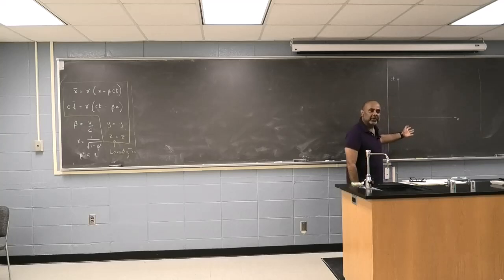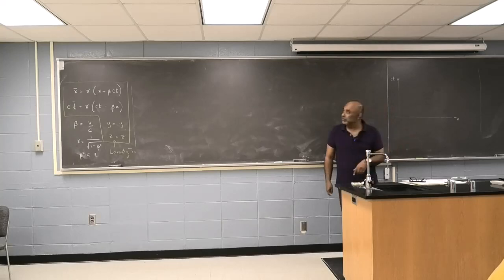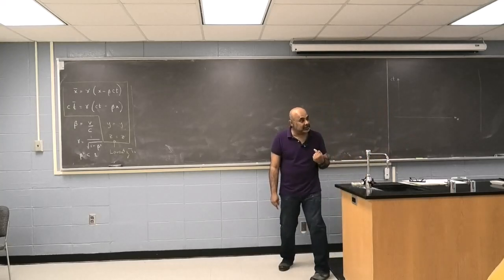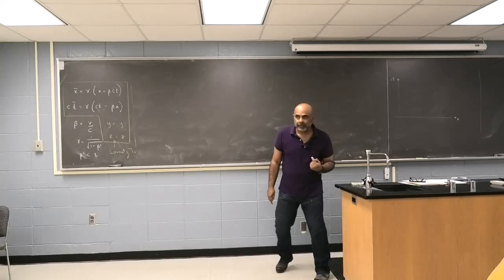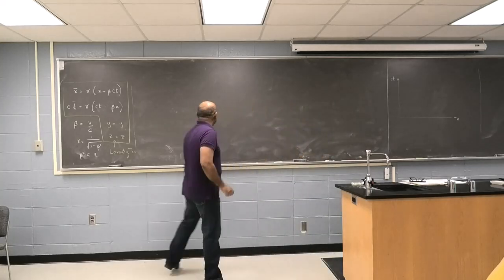It's the set of all points where t is 0. Correct? If you set t equals 0, you get this axis. How do you get the time axis? x is 0. So to get the t-bar axis, what do you need to do? x bar is 0. Correct.